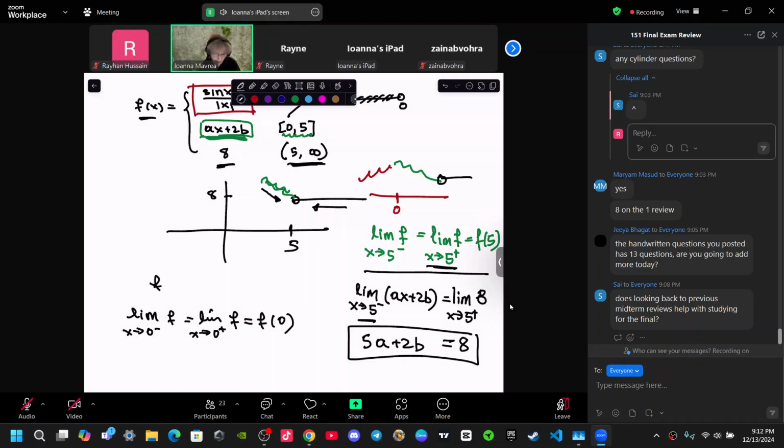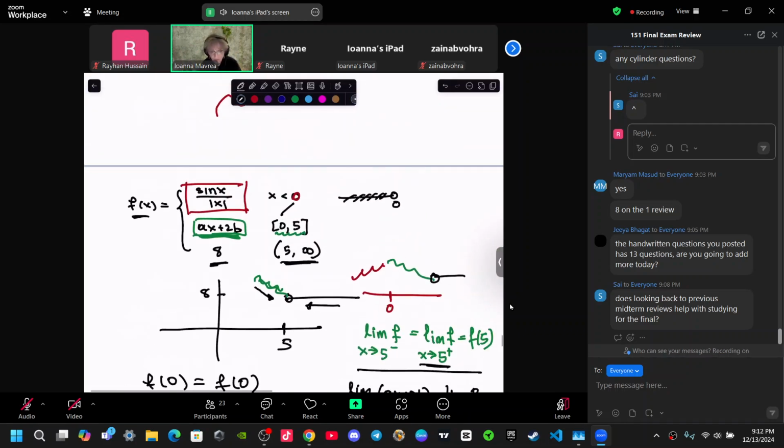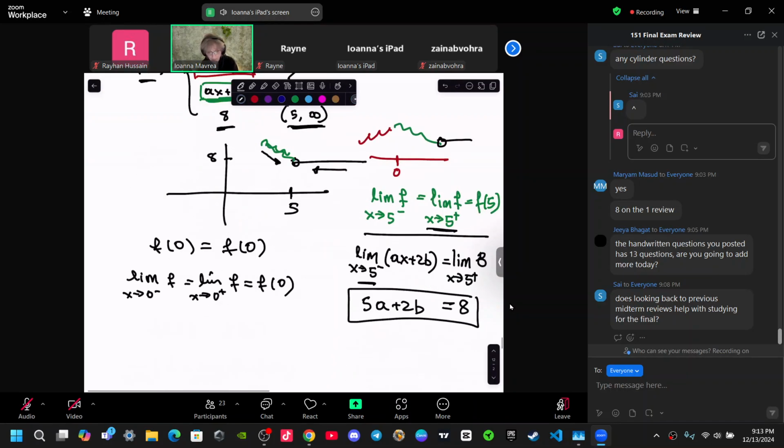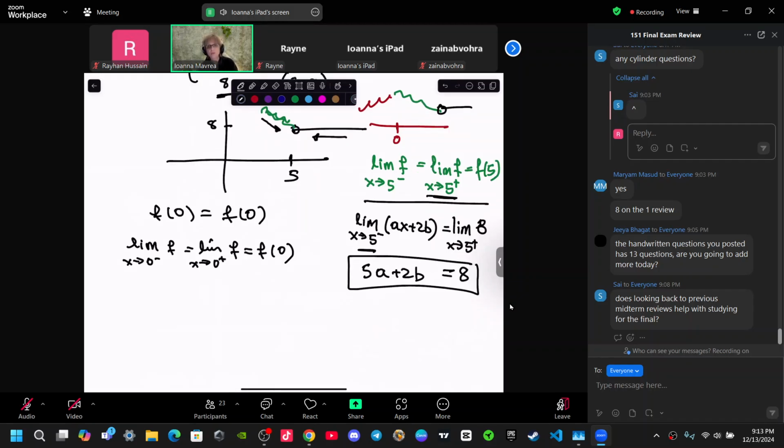You can't just say f of 0 is equal to f of 0 and plug in 0 at different places. There's only one place you're allowed to plug in 0, here, because 0 only belongs there. It doesn't belong on the top piece, right? But you are allowed to plug in 0 if you're writing a limit, right? So please write the limit there. This type of question requires that you write limits.